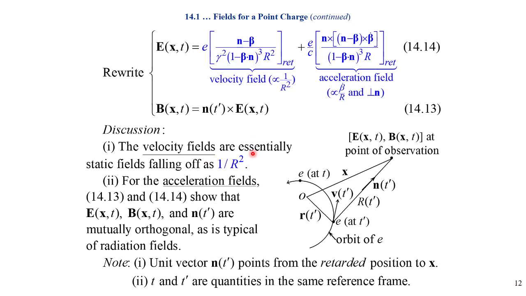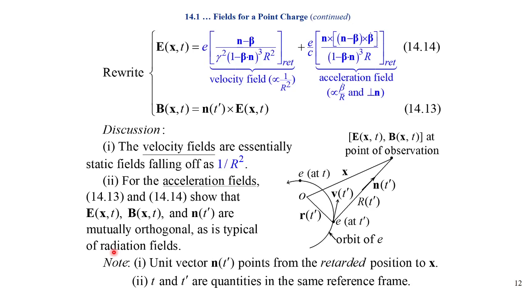And for the acceleration fields, equations 13 and 14 show that E, B and n are mutually orthogonal, and normalized to each other, as is typical of radiation fields at far fields.